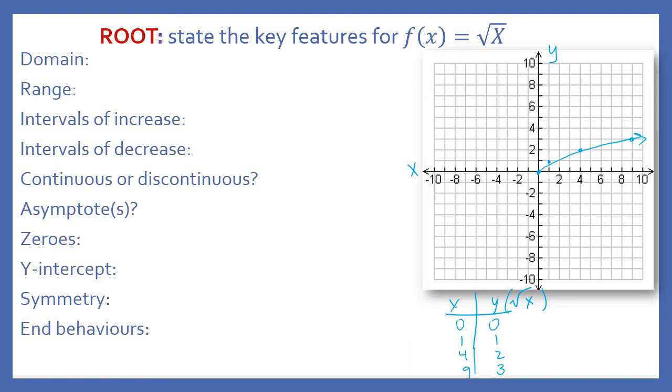And this does not get an arrow going to the left because it doesn't exist down there. So our domain can be anything greater than or equal to 0. My range, same thing, greater than or equal to 0.